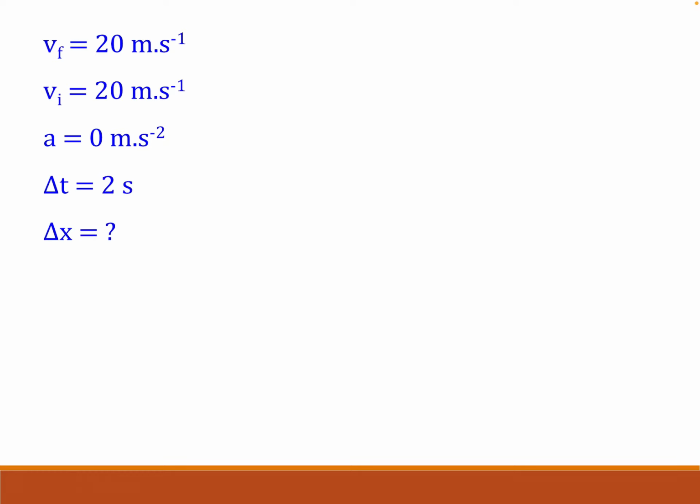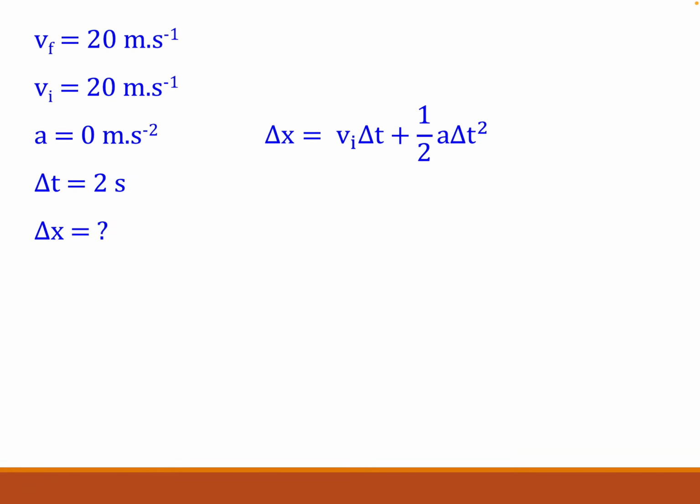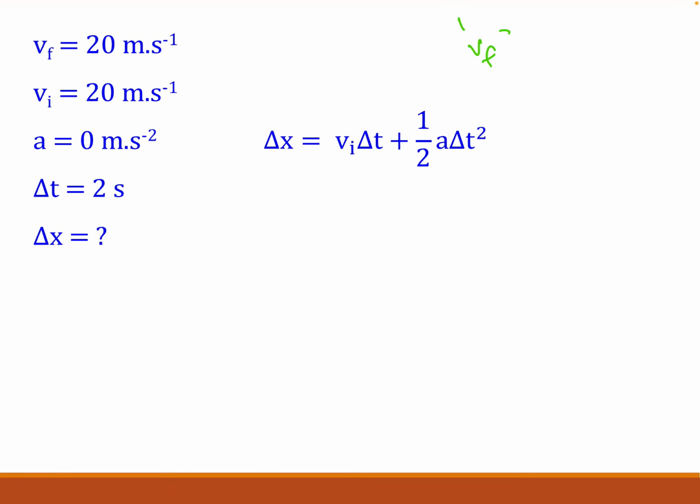And we need delta x. Well, we can pretty much use any delta x equation. Use the simplest. You absolutely could try to use this one, but because Vi and Vf are the same value, you're going to end up dividing by 0 anyway. And a is 0, so it's going to be useless.